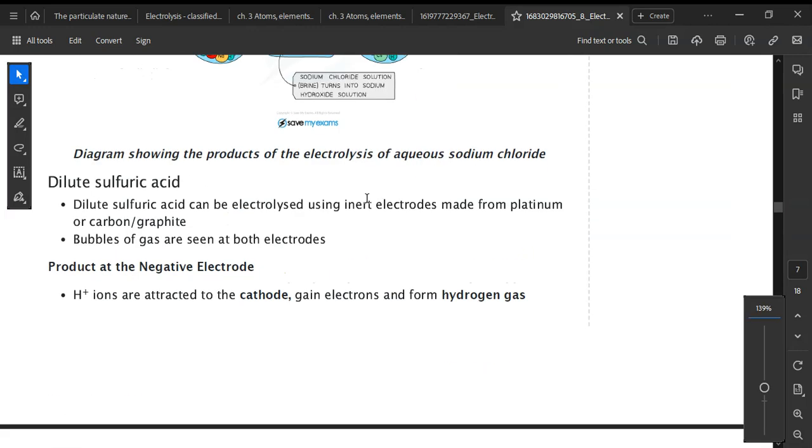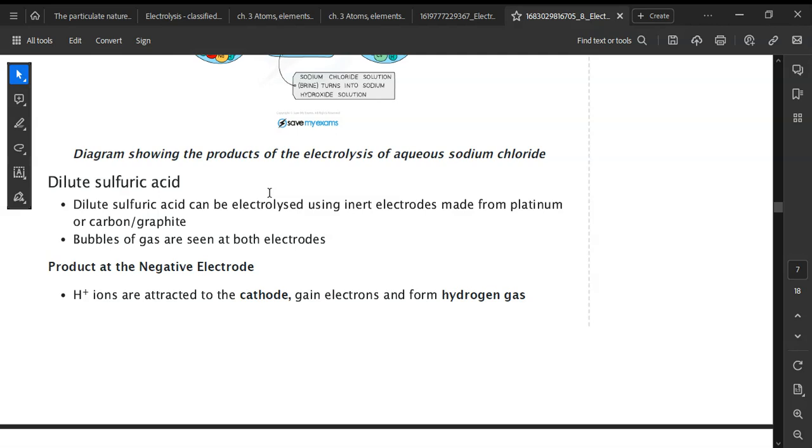Okay, so let's then look at the electrolysis of dilute sulfuric acid. Dilute sulfuric acid can be electrolyzed using inert electrodes made from platinum or carbon or graphite, just the same as for aqueous sodium chloride.